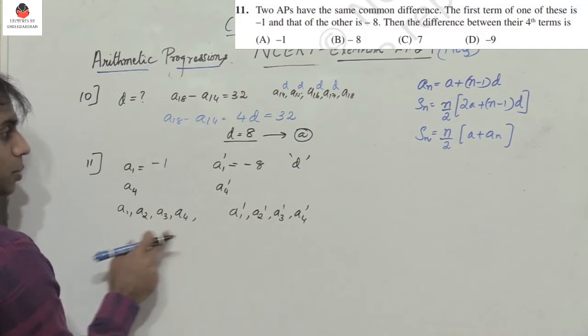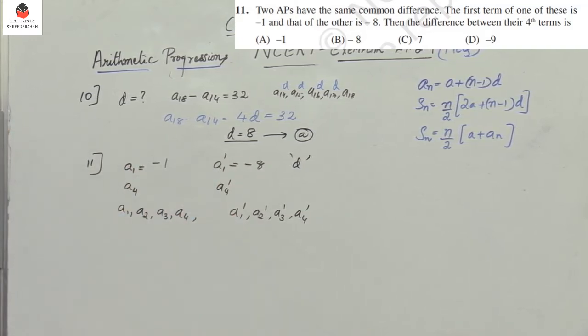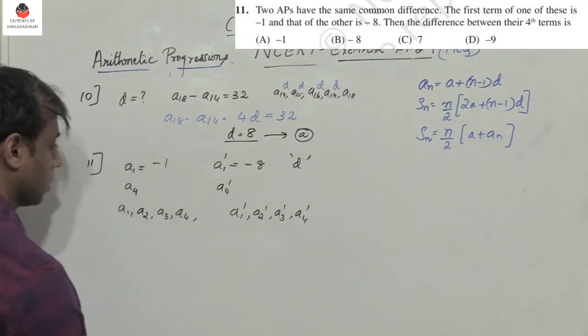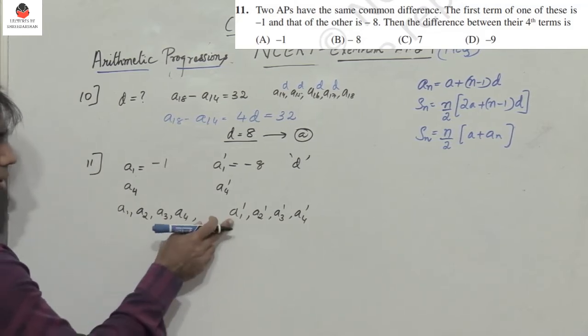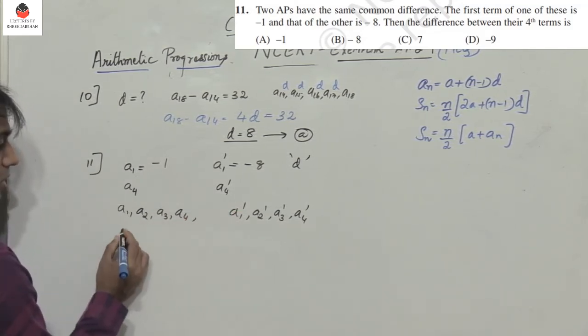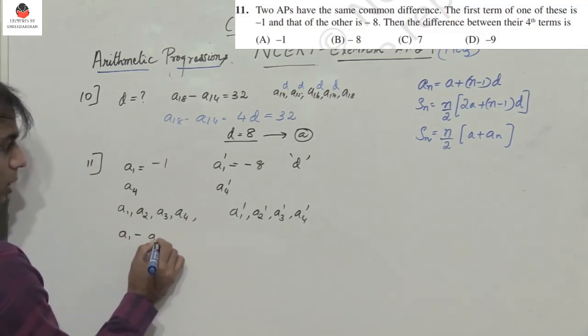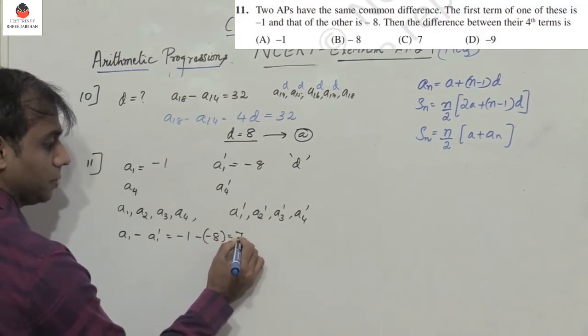A1 is minus 1 here and A1 dash is minus 8 here. If I take the difference A1 minus A1 dash, which is minus 1 minus of minus 8, gives me 7.